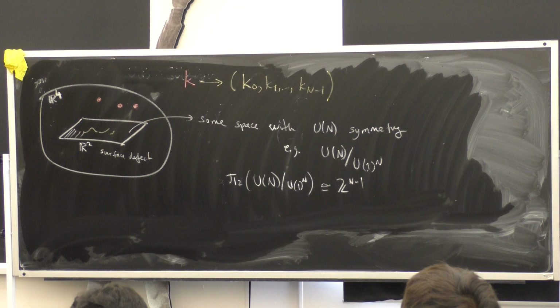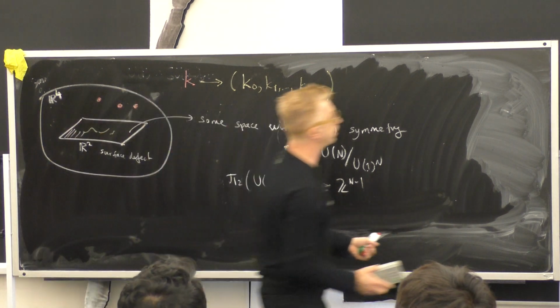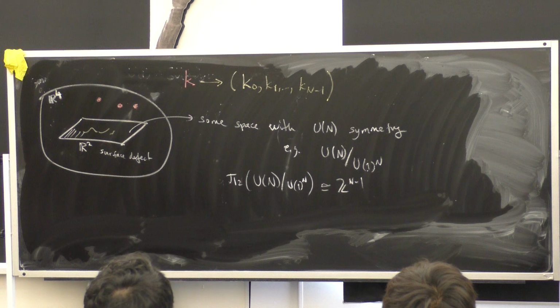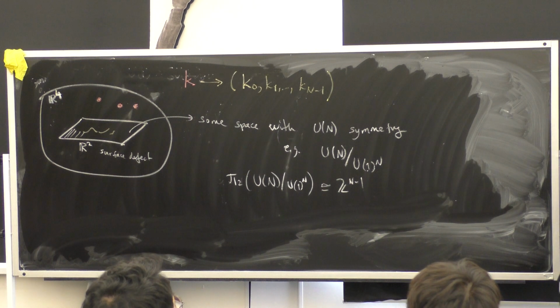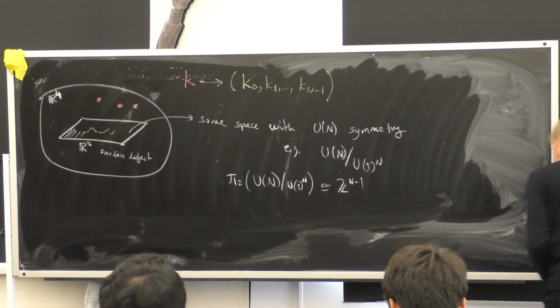Now, accordingly, the y observable, which was some way of capturing the structure of instantons, now also gets fractionalized. So let me explain.